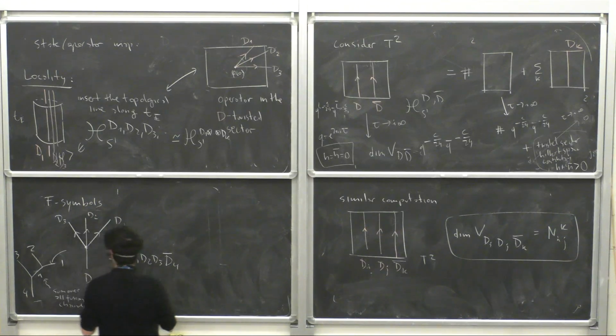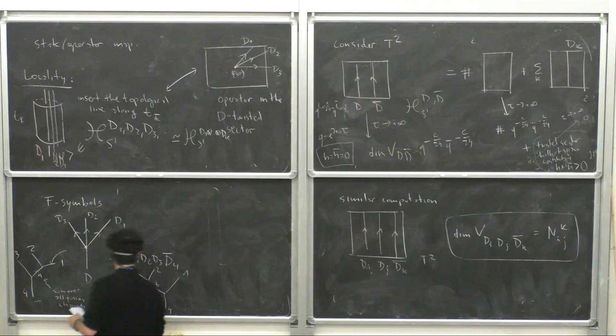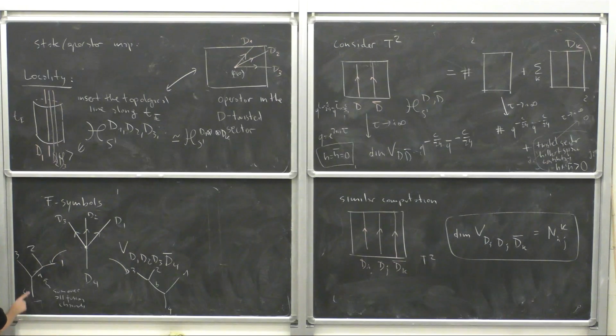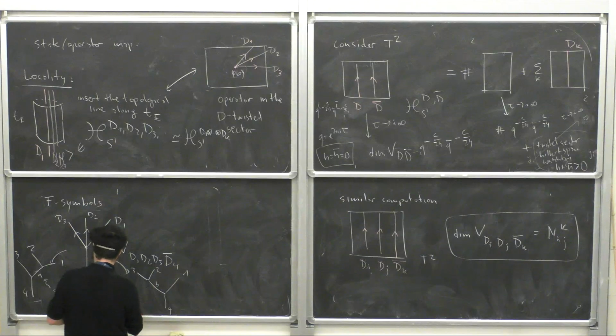And then there is another way in which we resolve it here. So we can resolve it either in this way or in this way. They're always summed over all the fusion channels.